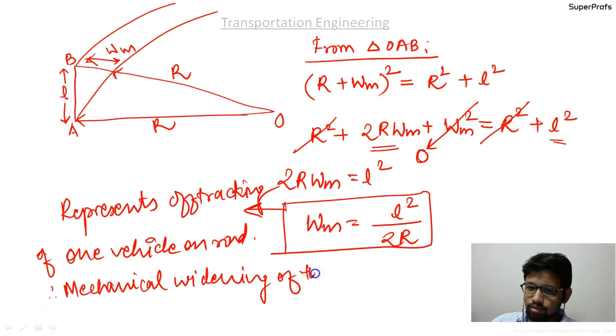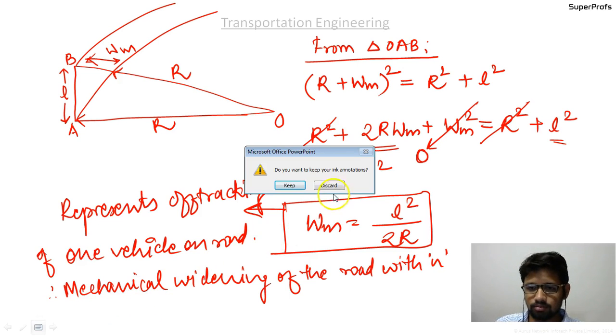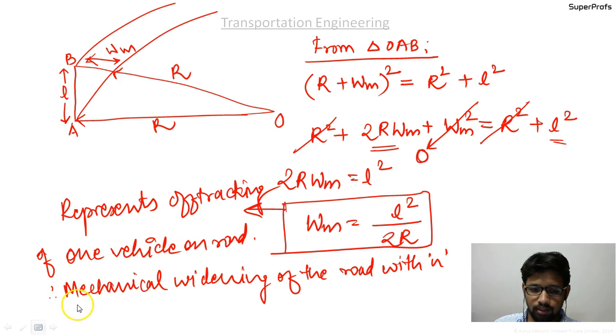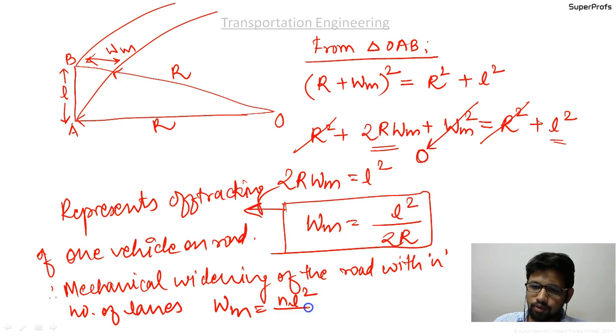of the road with n number of lanes will be given by Wm equal to NL square upon 2R.